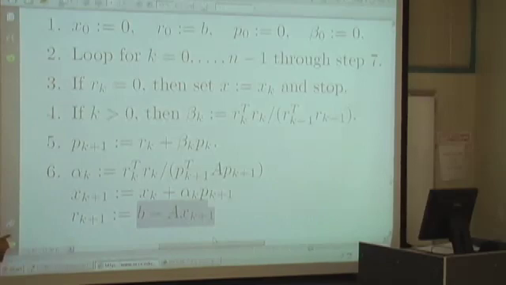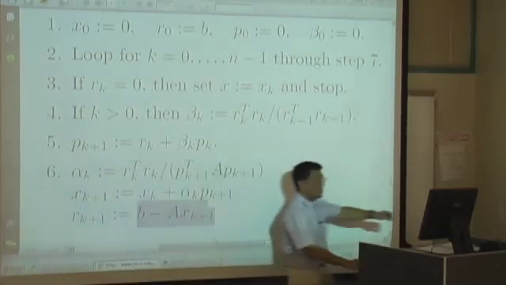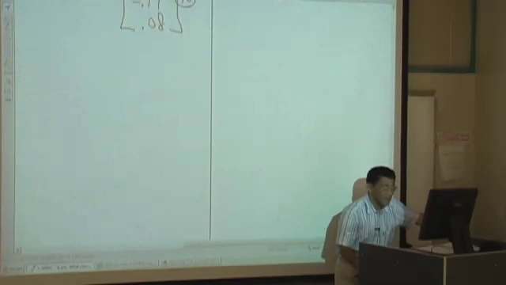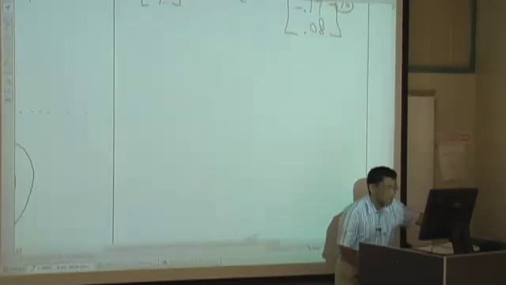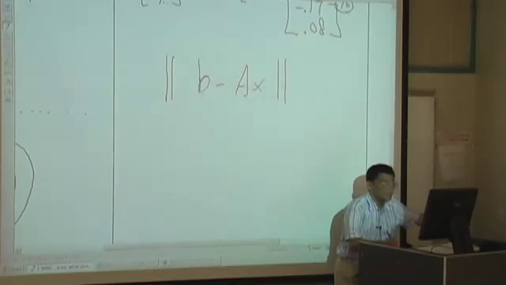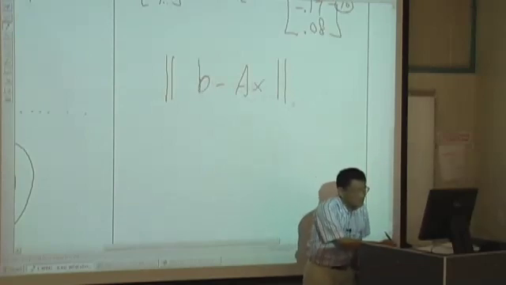But if you want the full explanation, then I will explain it at my office. You can come to my office, then I will explain the reason why we are having these things. But generally, the idea is each time we minimize the norm of this kind of thing. This is b, right? And then we may use the infinite norm, 2 norm, or some other norm, and then minimize this thing.